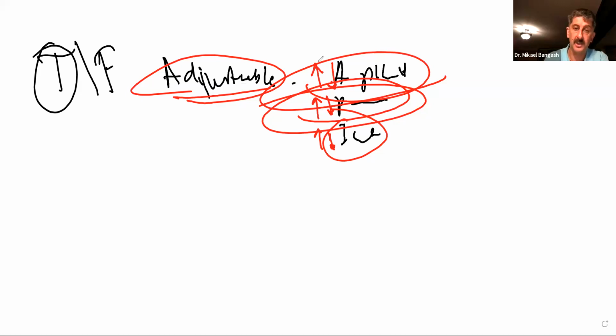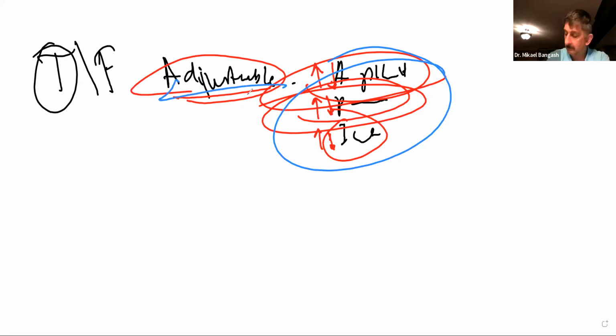So it is true to say that not just amplitude, but all three of your bigness parameters were adjustable. Is that clear, girls?